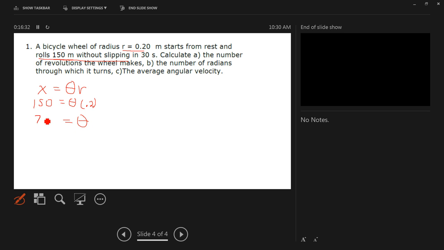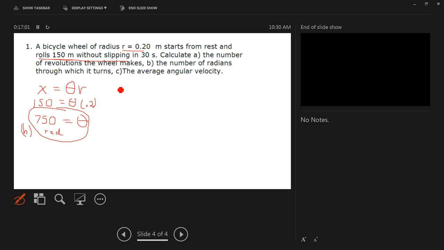So that would say in order to travel 150 meters while rolling, the wheel has to turn through 750 radians. Well, that's the number of radians through which it turns. Oh, that's the answer to B, isn't it? There's B.